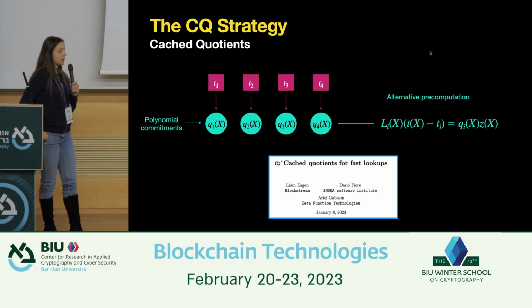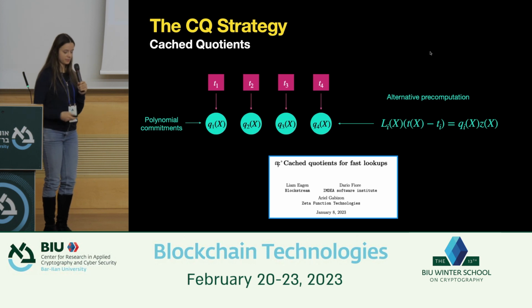Really the way that they do this is via an alternative pre-computation technique. Rather than directly computing the opening proofs for the table T of x, they're instead computing the opening proofs for the polynomial T of x multiplied by the Lagrange polynomial at each point i.